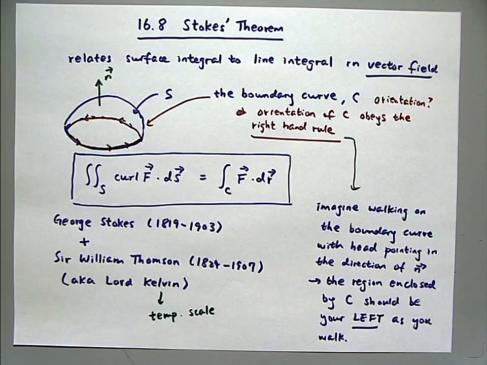Stokes allows a surface that can be oriented any way, and it doesn't have to be flat anymore. It could be the shape of a bowl, it could be a cone, all these different things. But in Green's, it had to be a flat thing on the xy plane. Okay? So there's a connection to what we have seen before.